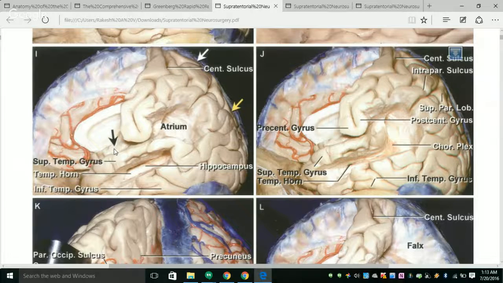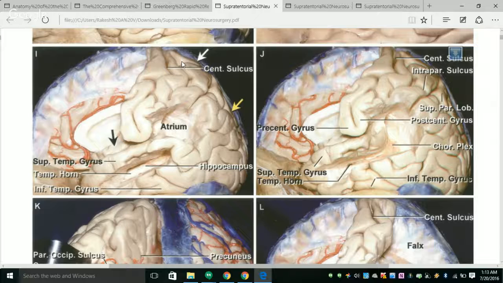So the black arrow indicates where the foramen of Monro is positioned. The white arrow is located where the upper end of the ascending ramus of the cingulate sulcus reaches the superior hemispheric border. As before, this is the upper ramus of the ascending part of the supramarginal sulcus.